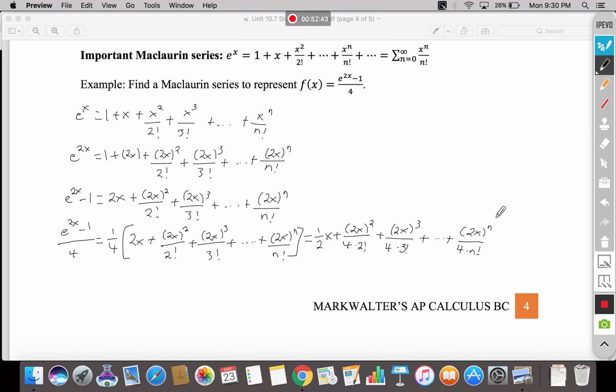And there we go. That would be my Taylor series, or sorry, my Maclaurin series, since it's centered at x equals 0, my Maclaurin series for e to the 2x minus 1 over 4.